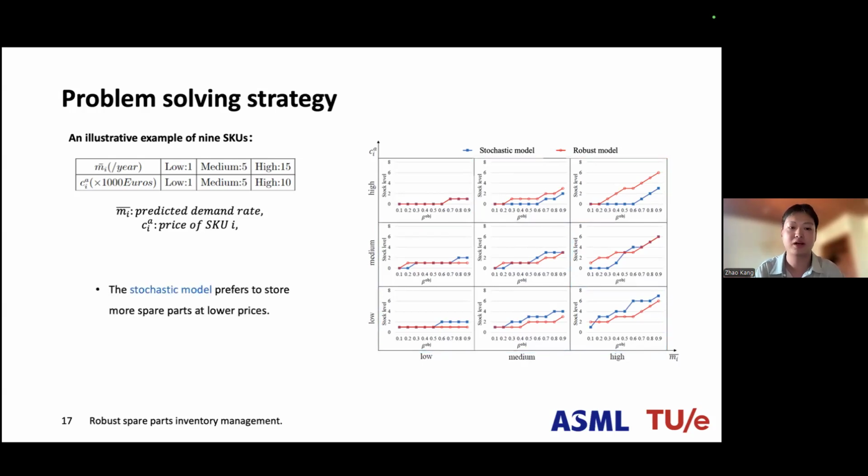Therefore, we conclude that the stochastic optimization model prefers to stock more for cheap SKUs, cheap spare parts. However, the robust model takes into consideration the worst case of the demand, so it focuses much more on the worst-case scenarios of demand, and it is much more like a demand-oriented solution.